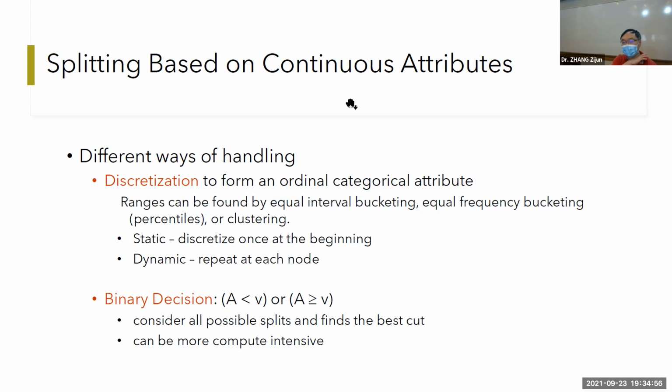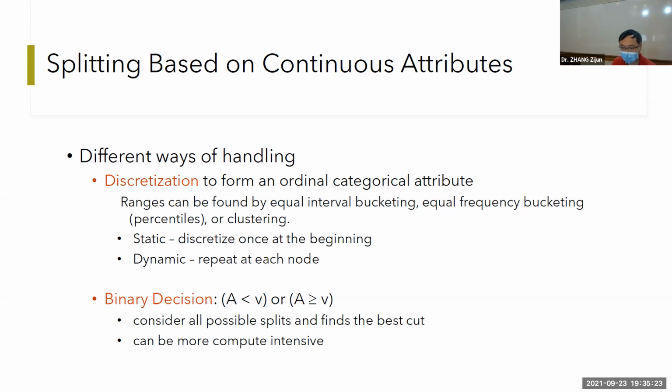Then as the node develops and the tree develops, the discretization will repeatedly and dynamically happen at each node.